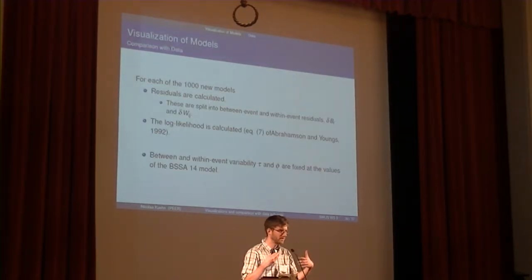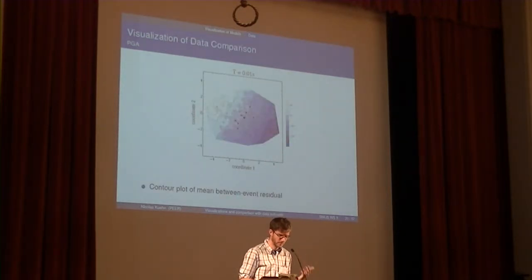So I took the subset for each of the 1,000 models, calculate residuals, split the residuals into between-event and within-event residuals, calculate the likelihood of the data given the parameters, and then put that onto this two-dimensional visualization. So this is a plot of the mean between-event residual for each of the 1,000 models, and the zero line is about here. This is essentially the mean bias between your model and this subset of data that was selected.